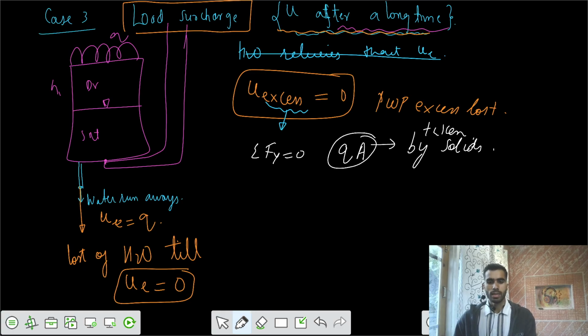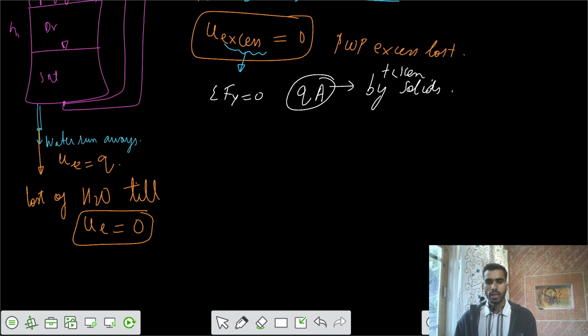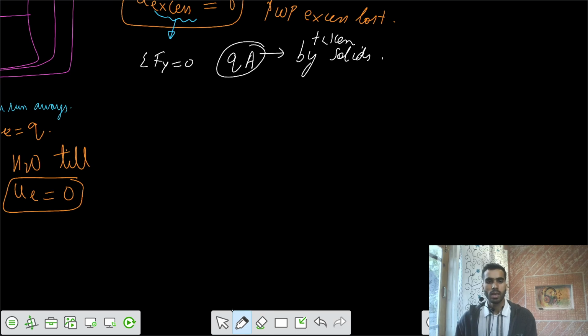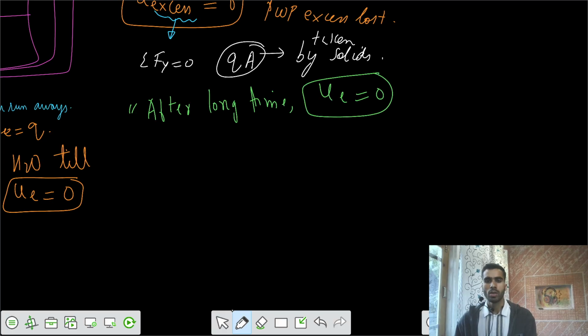So after a long time, what's going to happen? After a long time, excess pore water pressure becomes 0. This loss of excess pore water pressure, we call it dissipation of pore water pressure. But this is not the initial pore water pressure; this is actually the excess pore water pressure.